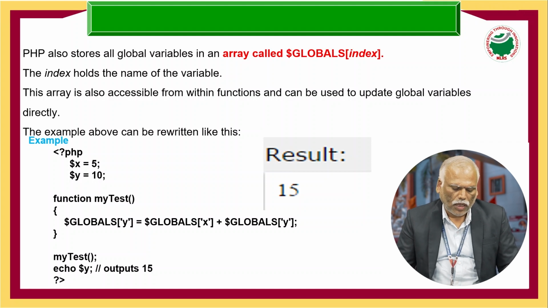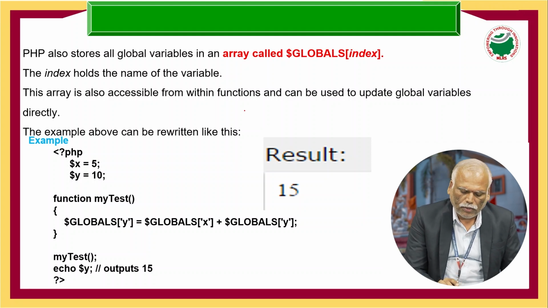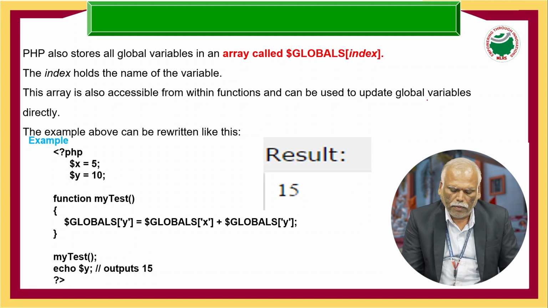PHP also stores all global variables in an array called $GLOBALS, where the index holds the name of the variable. This array is also accessible from within the function and can be used to update the global variables directly.